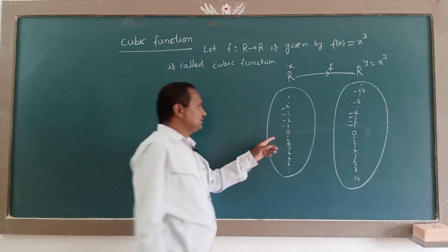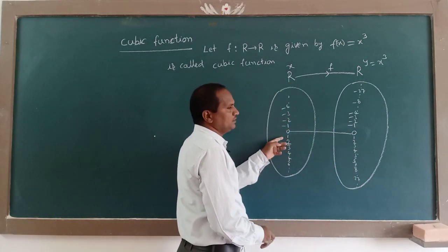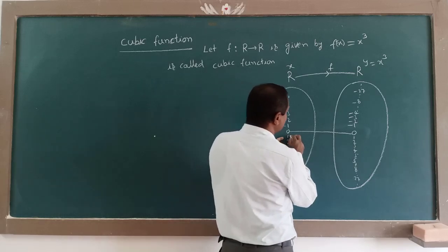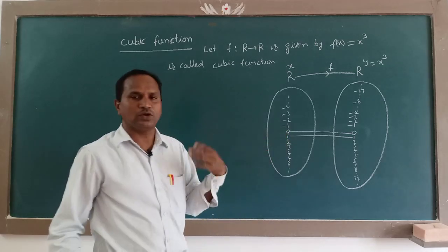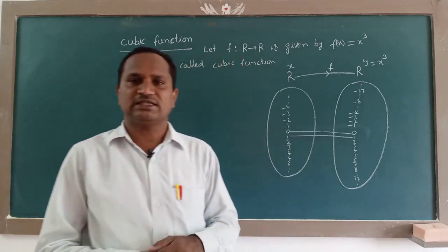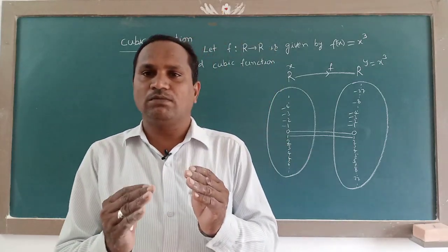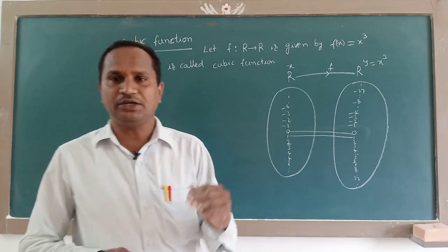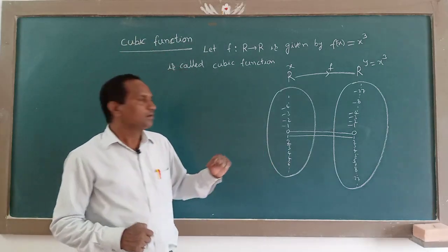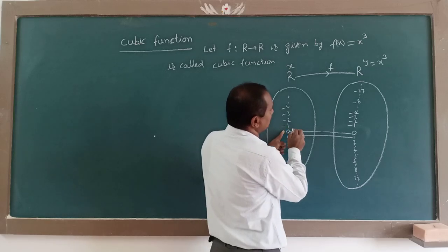If x is equal to 0, then y is equal to 0 cube, which is 0. If x is equal to 1, then y is equal to 1 cube, which is 1 only. For minus 1, minus 1 whole cube: a negative number to an odd power is a negative number only. So minus 1 whole cube is equal to minus 1 only.